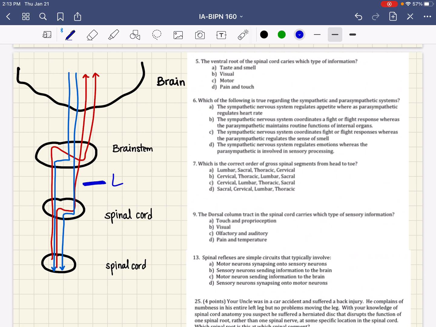So if this is where the injury happens, then we say, okay, well, which tract do we want to talk about? If we are talking about a motor tract, let's say this blue one, then if the injury has happened over here and it cut through this blue tract, then we can safely say that the right side of the body will be affected, because this tract goes and crosses later into the right side.